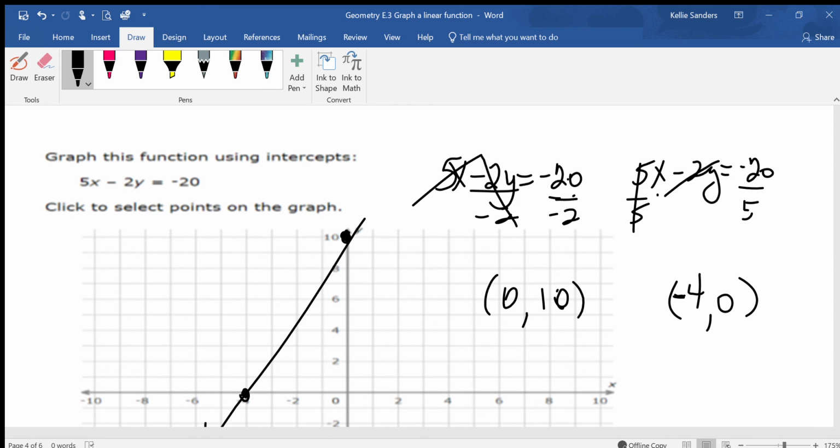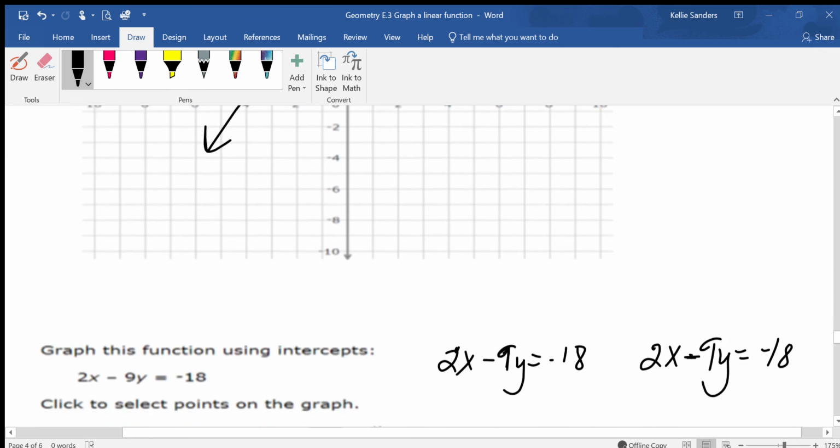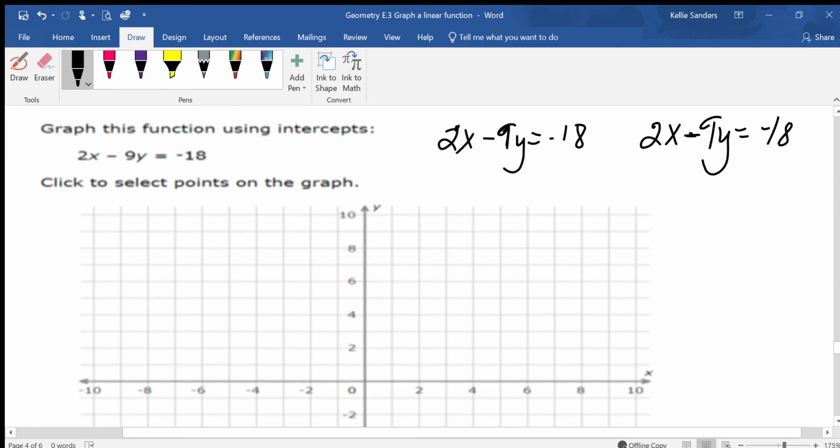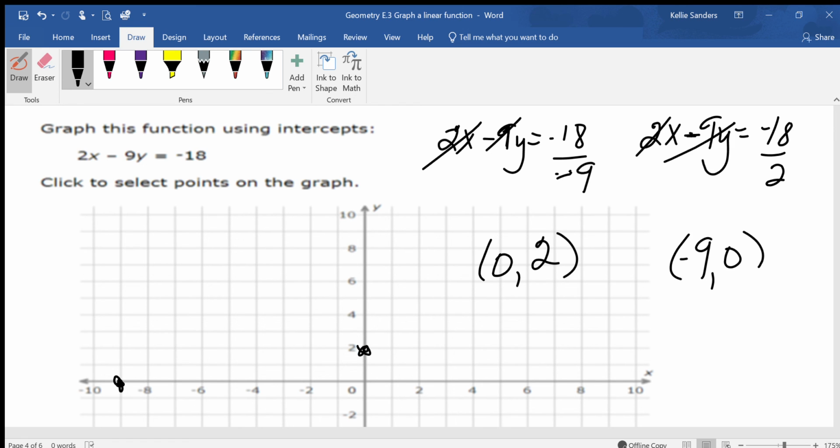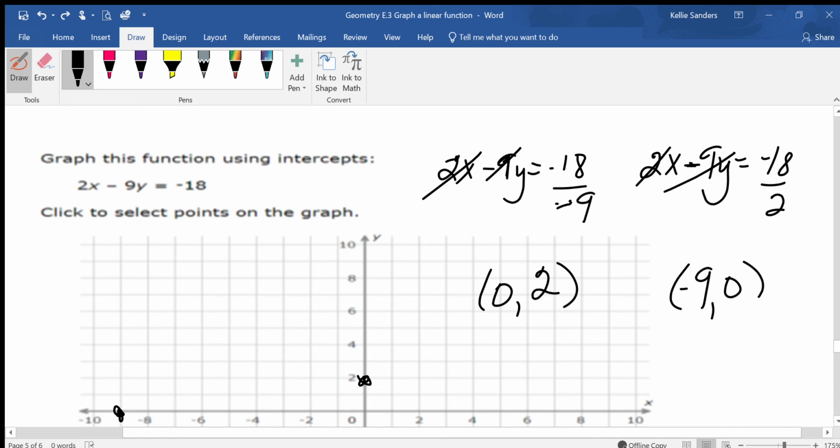Otherwise, you're going to get fractions and it's going to be nasty. But 9 goes into 18 and 2 goes into 18, so that's why I know it's going to work. So if we put 0 in for x, that goes away. We divide by -9, and we get a positive 2. We put 0 in for y, that goes away. We divide by 2, and we get -9. -9, 0 is there. 0, 2 is there. And that's supposed to actually go through the point. Let's see if I can undo that. Yes, I can. There we go.